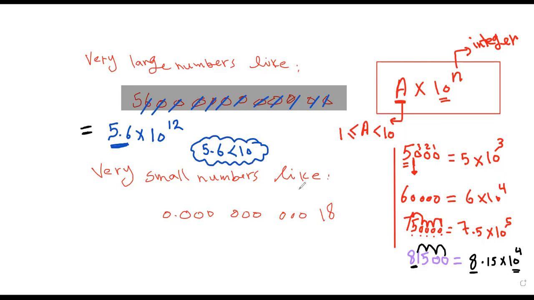Okay, guys? Think about this number. Here, I need a number less than 10, which is 3 times 10 power. You start from here and you count 1, 2, and khalas.